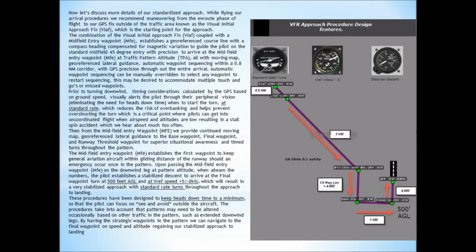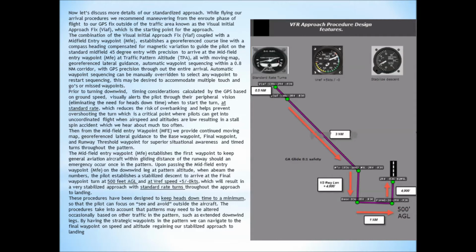The combination of the Visual Initial Approach Fix coupled with a midfield entry waypoint establishes a georeferenced course line with a compass heading compensated for magnetic variation to guide the pilot on the standard midfield 45-degree entry with precision to arrive at the midfield entry waypoint at traffic pattern altitude, all with moving map.